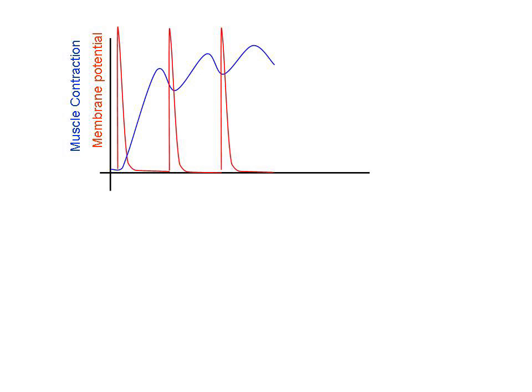So each skeletal muscle fiber is stimulated by a single nerve fiber. There are millions of such units in an anatomic skeletal muscle.